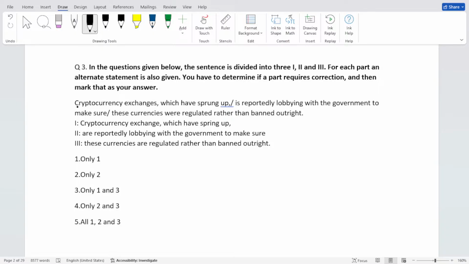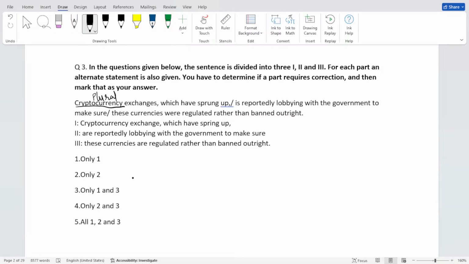So here cryptocurrency is given. Currency means we can't measure them, but this will be taken here as a plural. Then it will be required to convert to a plural verb.